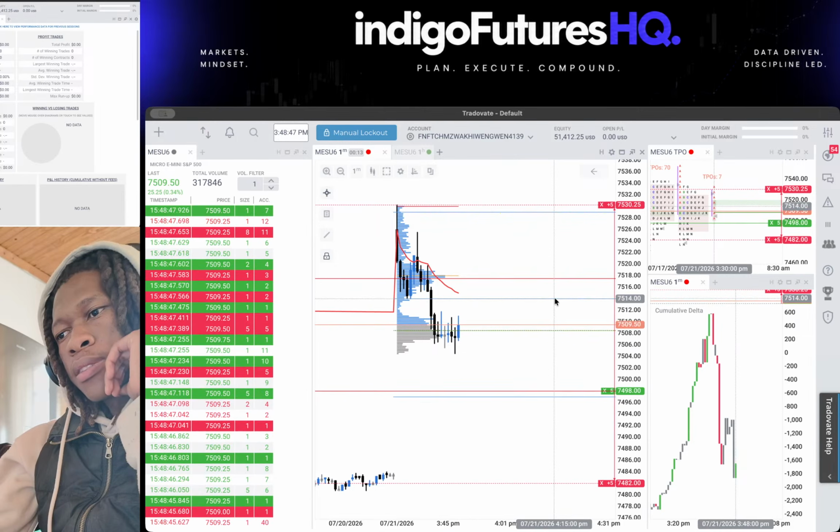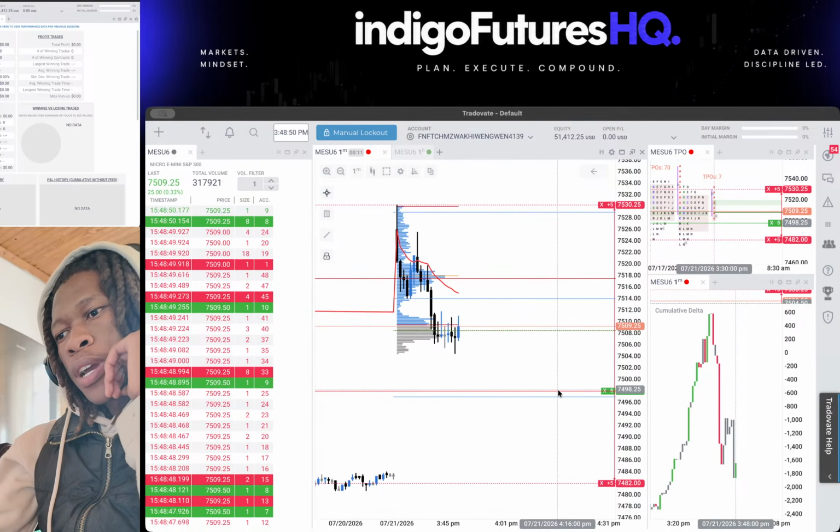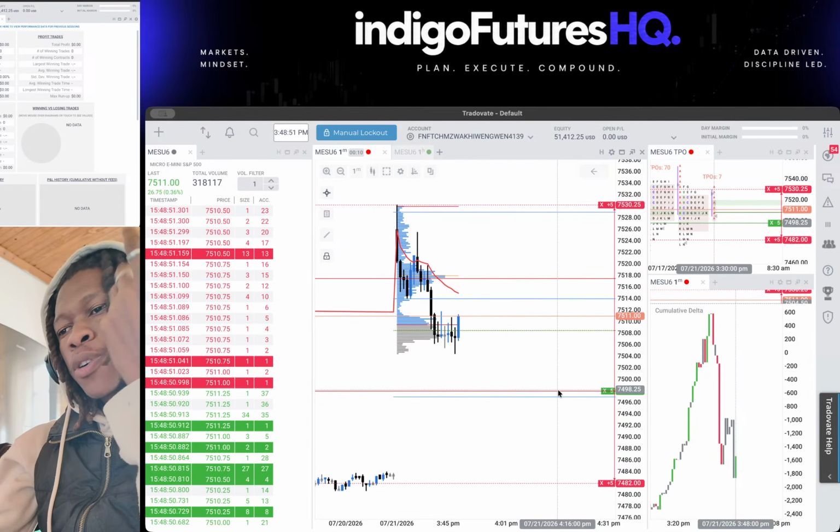If we enter there, then my stop would go where? My stop would go to the previous day value area low.